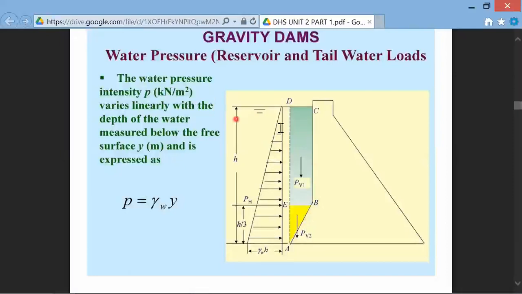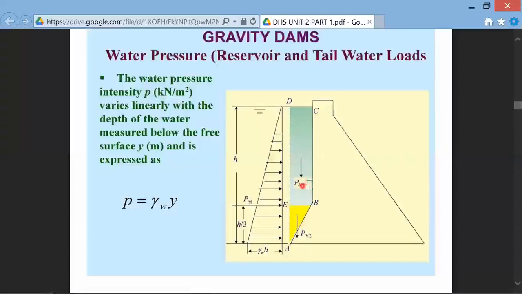Okay. Now again, this is divided into two parts, because as you see, this line AD is a vertical line. Left side of this, you can calculate the water pressure by using this formula. But right side of this line AD, you have one triangle and one rectangle.